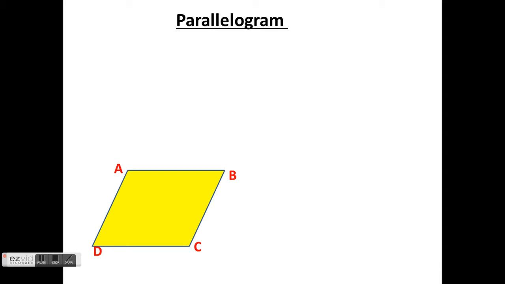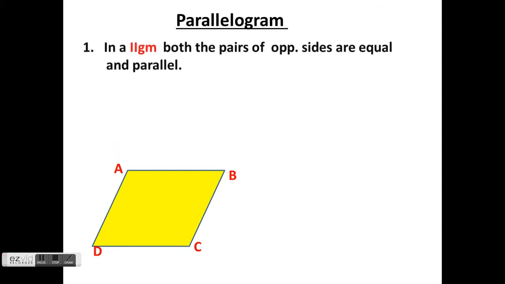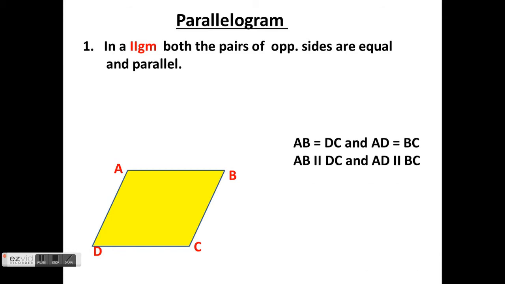Here comes the parallelogram. In a parallelogram, both the pairs of opposite sides are equal and parallel. Mathematically, AB equals DC and AD equals BC. See the marking? And AB is parallel to DC and AD is parallel to BC.